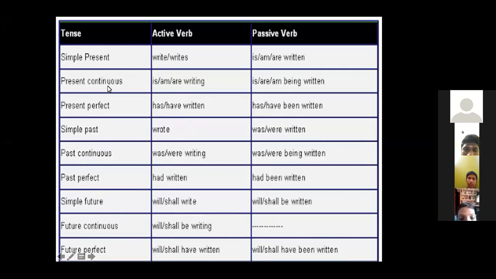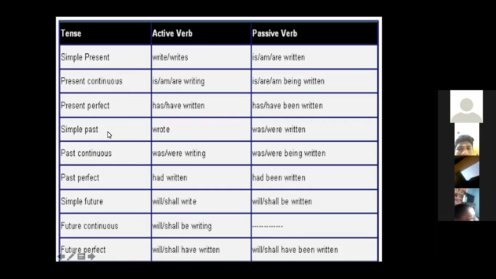Next, present continuous tense. There is the ing form of the verb: is, am, are plus the ing form of the verb. When this is in the active form, in the passive form it will become is, are, or am being written. Then in the present perfect, has or have written will become has or have been written.